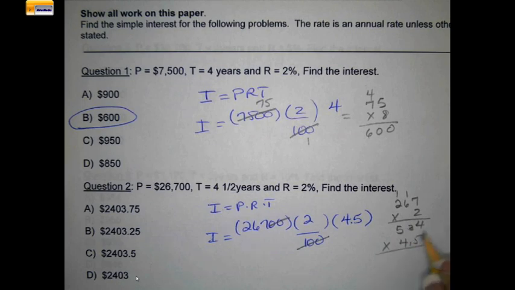5 times 4 is 20. Carry the 2. Was that a 3? 14, carry the 1, 12, 13, yeah. 5 times 3 is 15, 16, 17, 25, 26. 4 times 4 is 16, carry the 1. 12, 13, carry the 1, and 21.